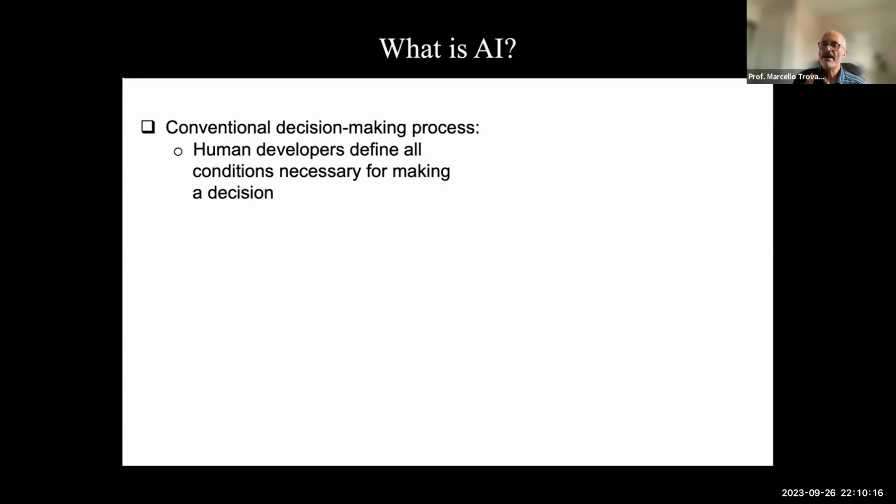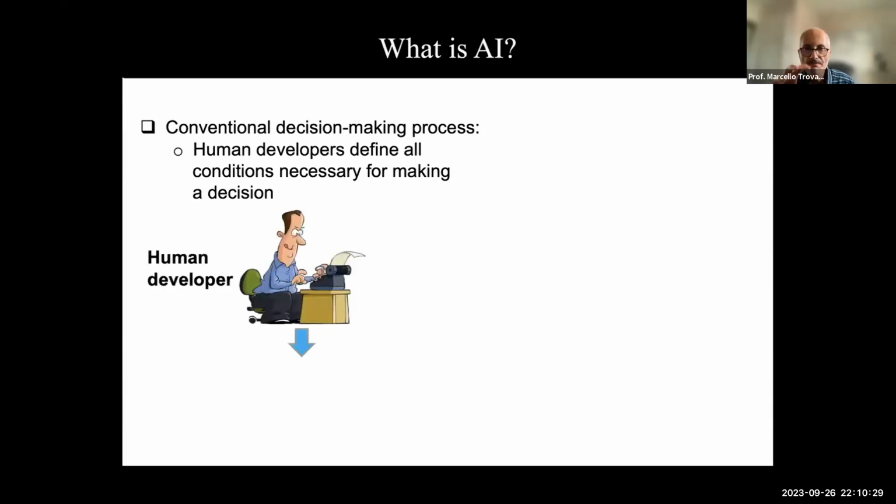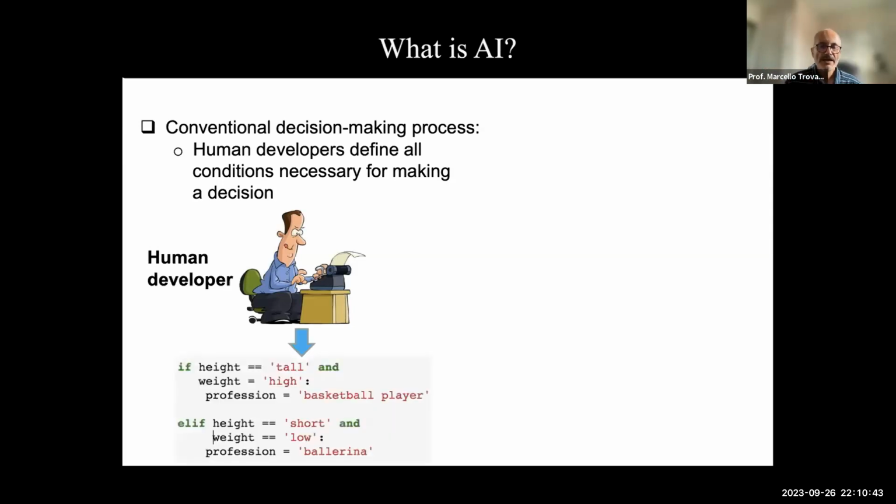So let's compare what a human would do as opposed to a computer. When we talk about conventional decision-making processes, as a human developer I would define all the conditions necessary. So I could come up with a mathematical model, a flow chart or a business analysis model. And by looking at some of the data, I would get a set of rules.